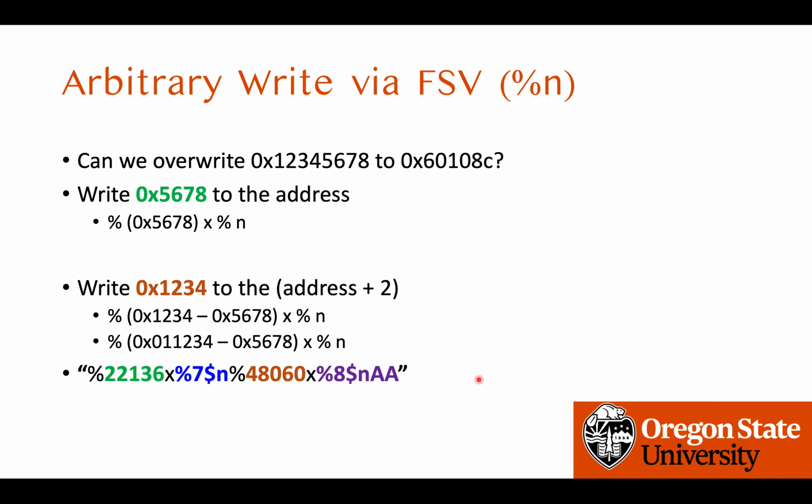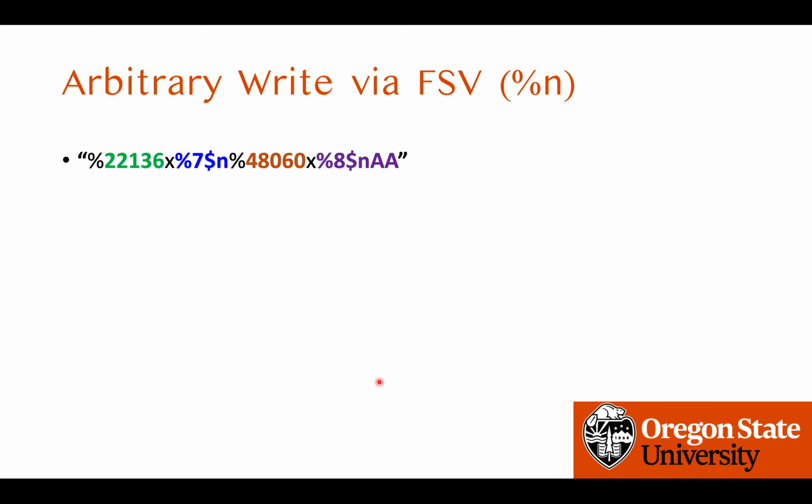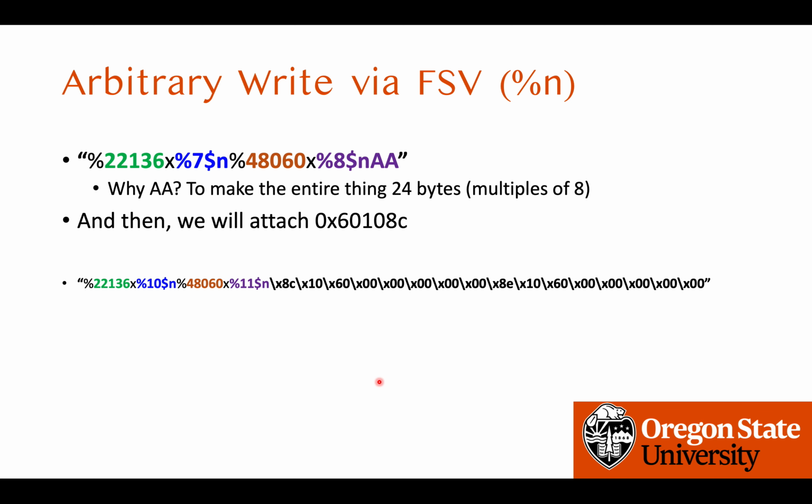And so in 32-bit, we put all the address values at the front, but we will do the opposite in 64-bit because the addresses contain 0 values. So we will put all the format string part first, and then after having a padding, we will attach the addresses at the end.